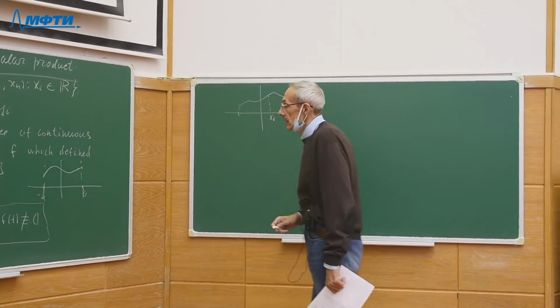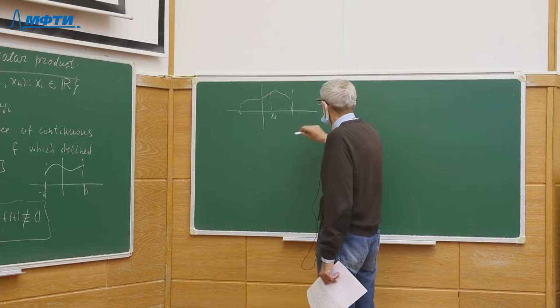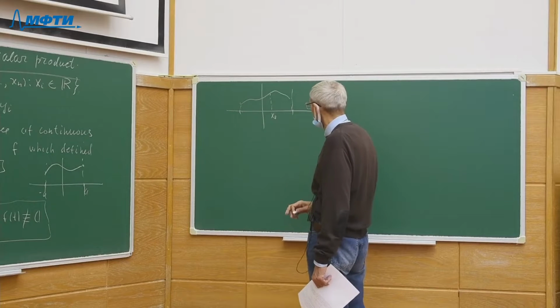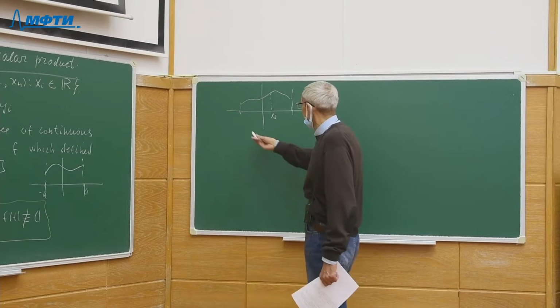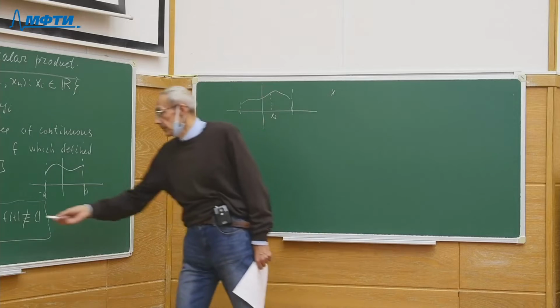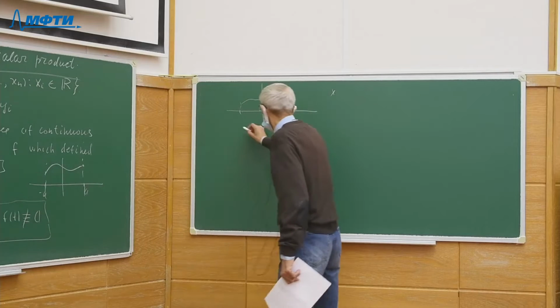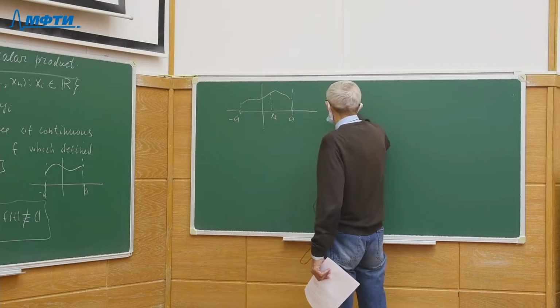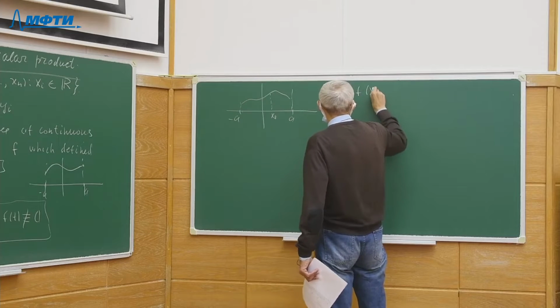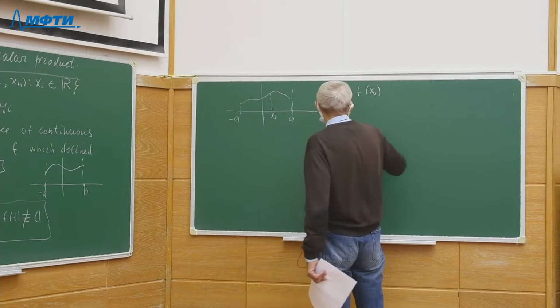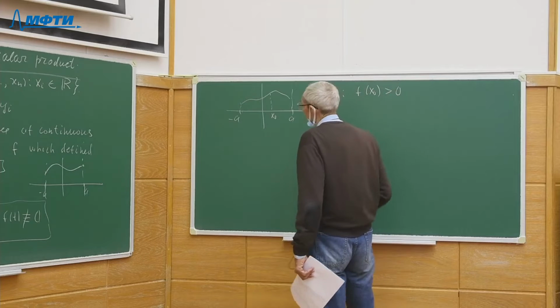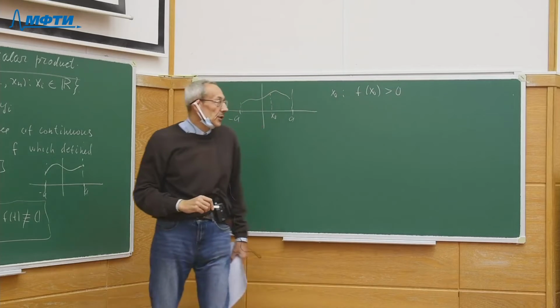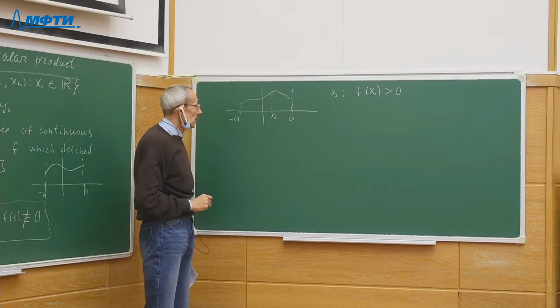We have some point x0 which belongs to the interval of the domain of this function f, namely the interval minus a to a, such that the value of our function at this point is strictly larger than 0.